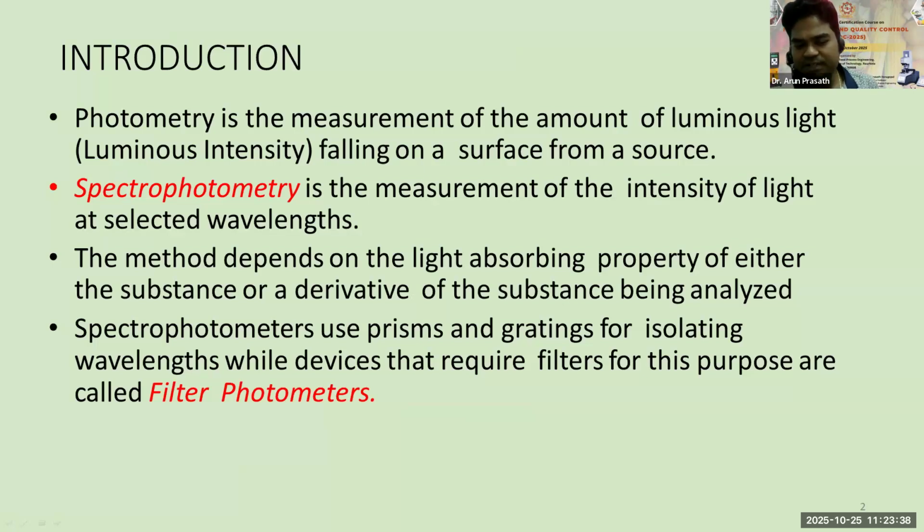Spectrophotometry uses a prism or a grating for isolating a particular wavelength of light. This device allows us to pass the light over the substance, and there will be a receiver which receives the light energy scattered from the food materials or the samples which we are using.